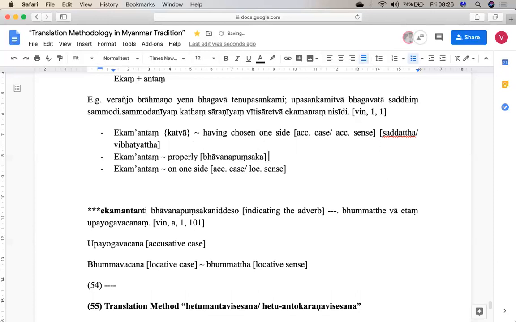But the second one is just adebhayata. We don't take care of the case ending. And that one also is sadata, literal sense, as well as based on case ending, thereby vivadhyata.